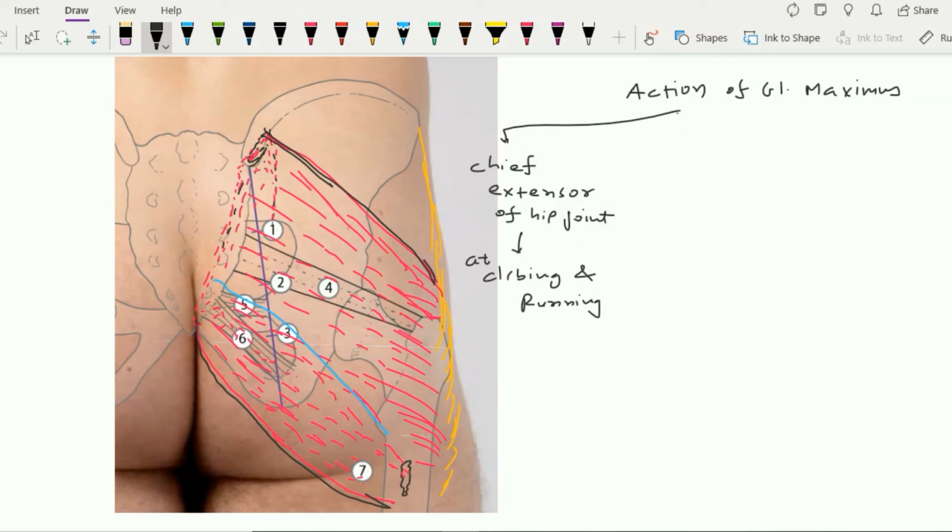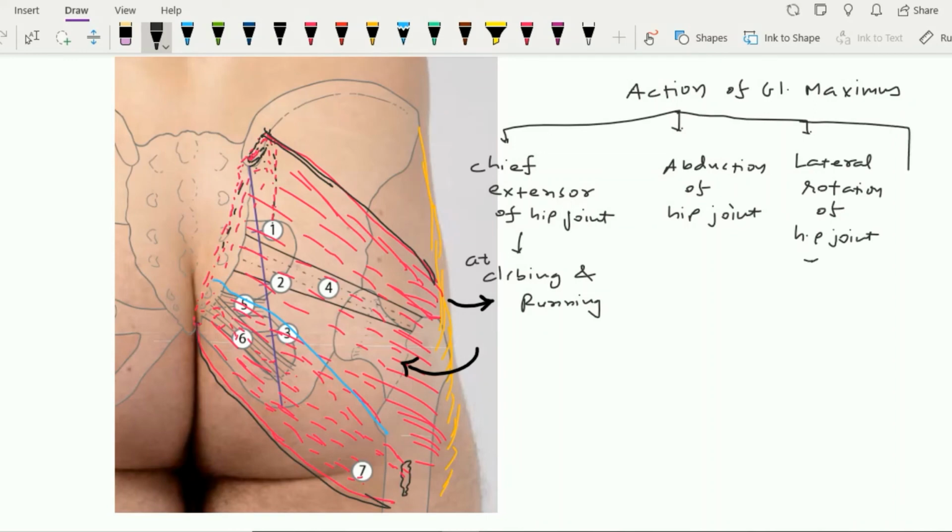The second important action of the gluteus maximus muscle: when this muscle contracts, the upper fibers are responsible for the abduction of the hip joint. This muscle is also responsible for the lateral rotation of the hip joint when the whole muscle contracts. So the lateral rotation of the hip joint is also one of the actions of the gluteus maximus.